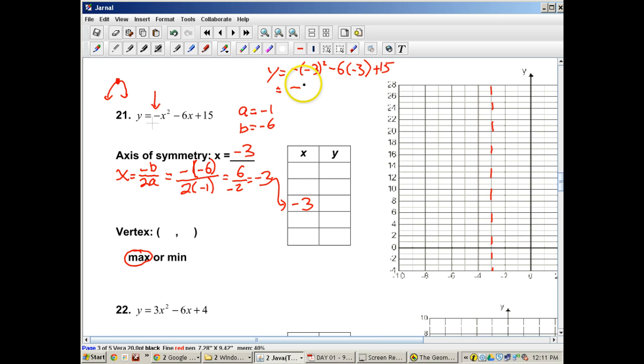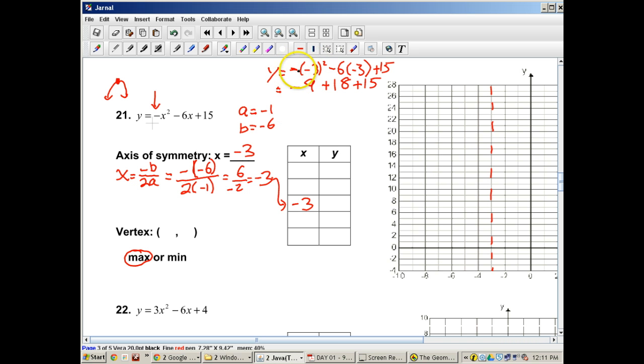So we have negative 9 plus 18 plus 15. Okay, why is this negative 9? Yeah, so negative 3 squared is 9 times the negative in front. Okay? Negative 3 squared is 9 times the negative in front is negative 9. Do not do negative times a negative and then square it. That would be out of order as far as the order of operations.